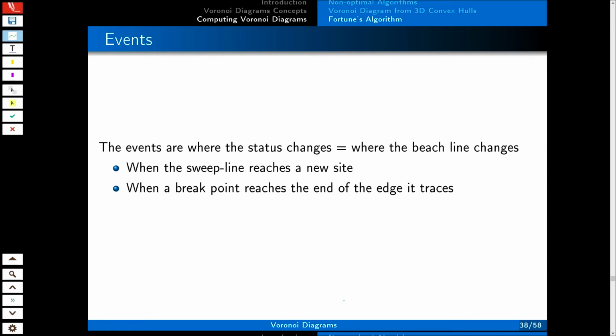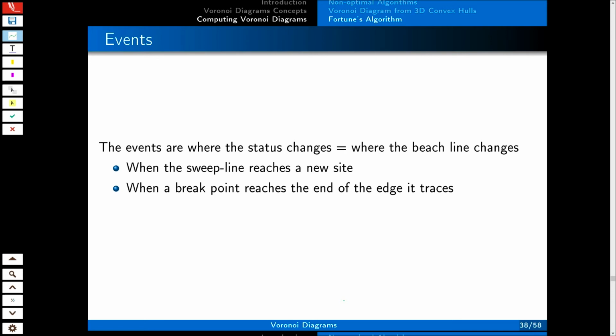So, now come back to our favorite question, what are the event points? The first suggestion that came is that when the sweep line reaches a site point, definitely that has to be an event, because something is changing. What is the new thing that is generated?